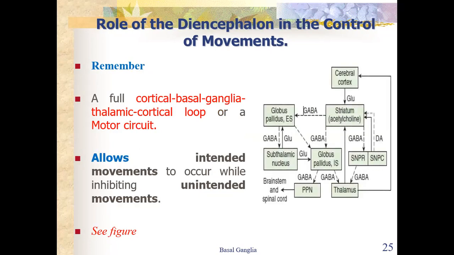Remember still, the full cortical basal ganglia thalamic cortical loop, or the motor circuit from the cortex to the basal ganglia, and from the thalamus, the main two outputs from the basal ganglia to the thalamus, and the thalamic cortical loop, allows intended movements to occur while inhibiting unintended movements.